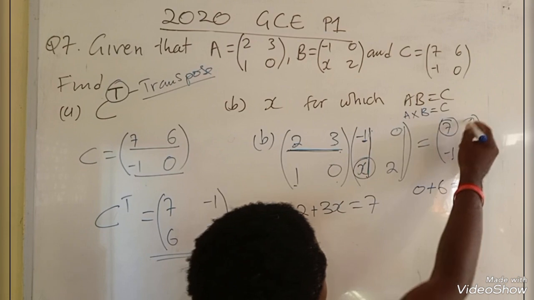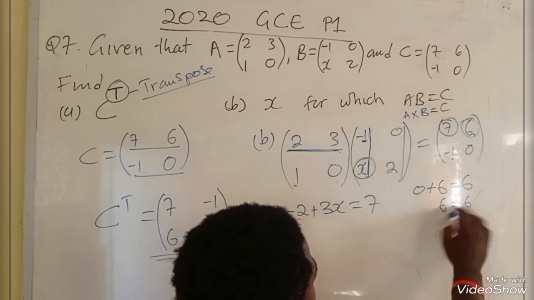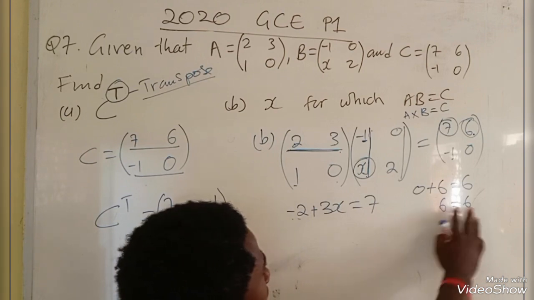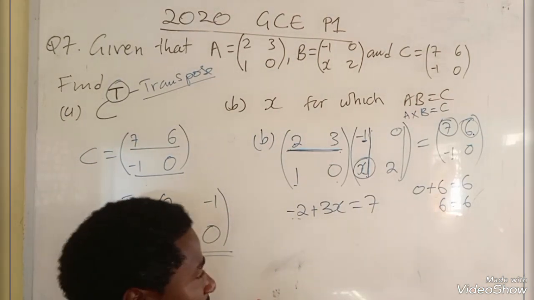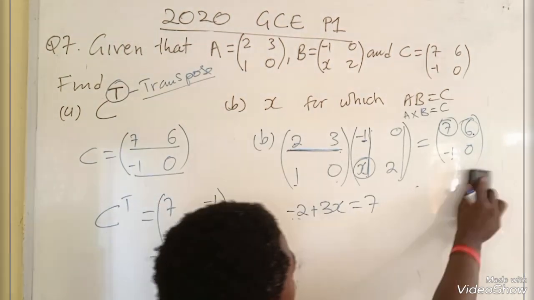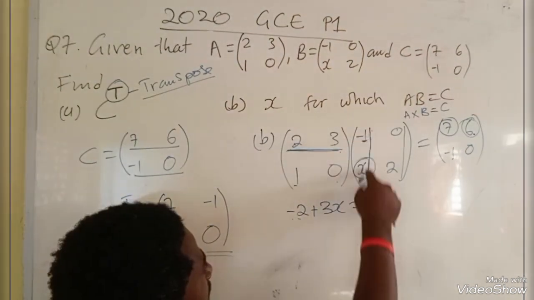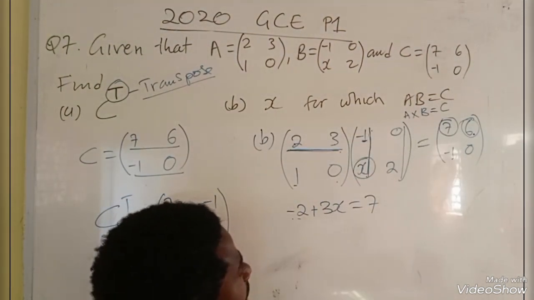The result is 6. So 0 plus 6 is 6, and 6 is equal to 6. In this case, we are just interested in x, so we will not go that far. Our interest is in x. So row times column, the result is 7.